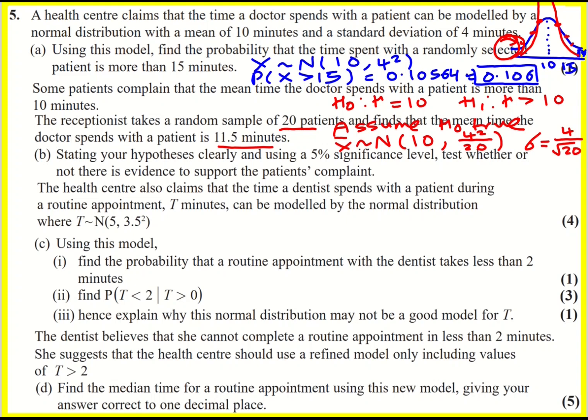So I'm going to find the probability that this X bar is greater than 11.5. Because there's going to be a critical region somewhere, and we want to see if 11.5 is in it.